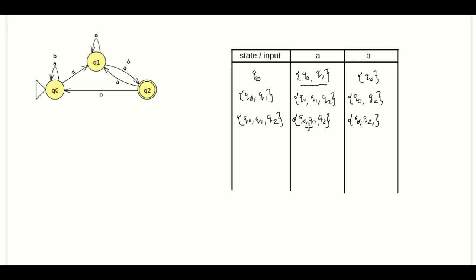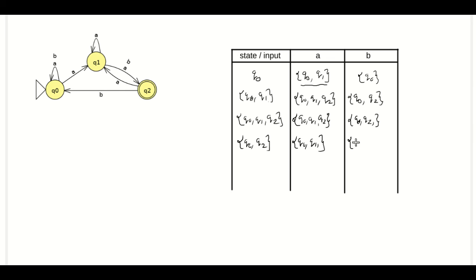Now the next new state is Q0 Q2, and we note down Q0 comma Q2 here. Q0 on A, we know it is going to state Q0 comma Q1. Q2 on A is going back to Q1, so there is no need to write Q1 again. This is not a new state; we already have this state here.